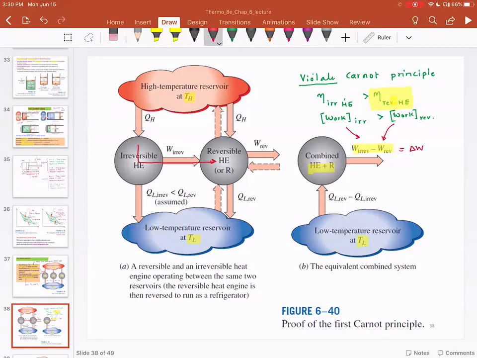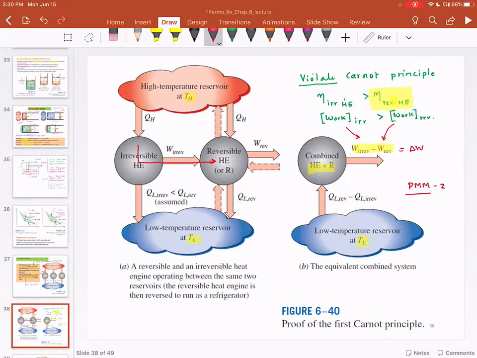In other words, if I violate the Carnot principle, I land up with a perpetual motion machine of the second kind, or I violate the Kelvin-Planck statement of the second law.